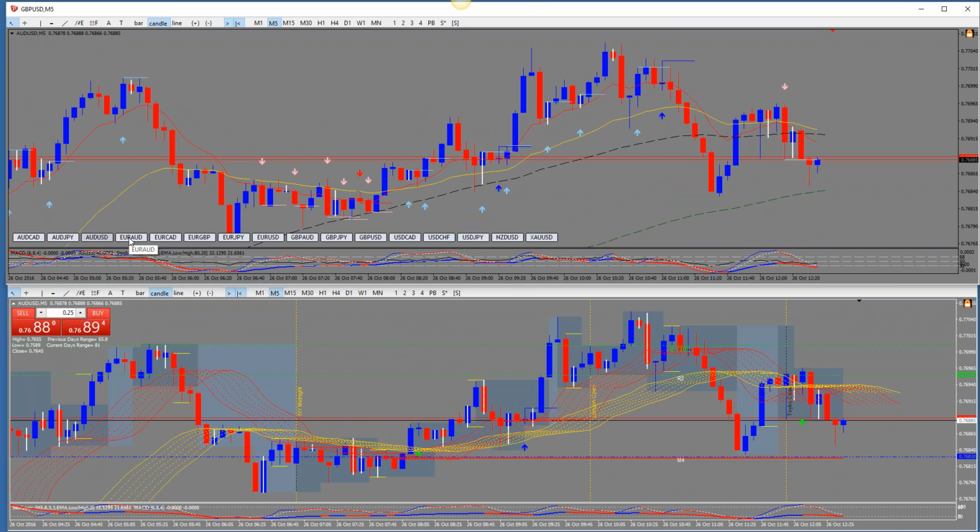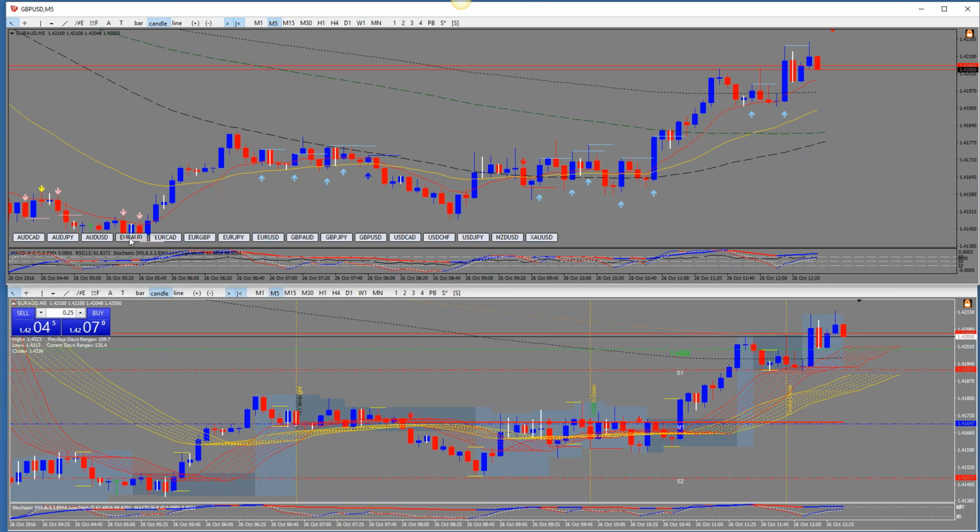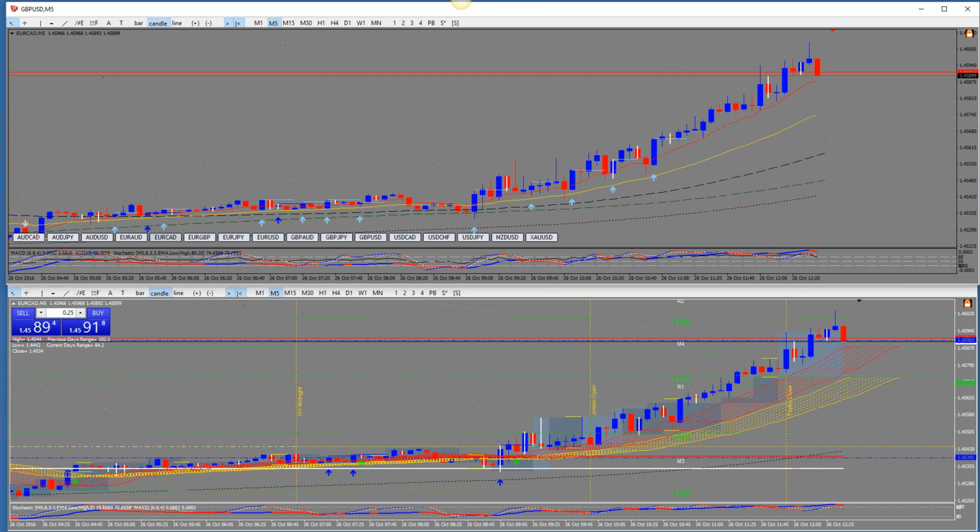And I know when I take a bad trade, I've looked at it and said, oh, I should have paid a little bit more attention to the MACD as well. But it's a bad habit, unfortunately.